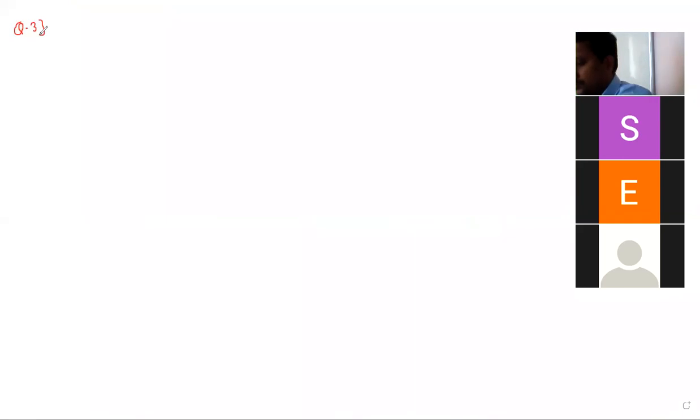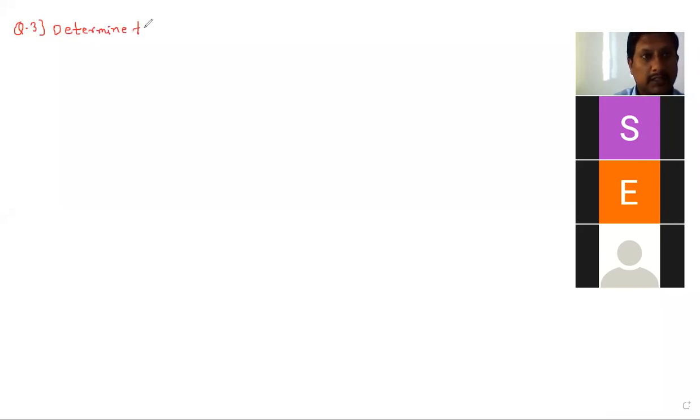This problem was asked in the university question paper for 4 marks.